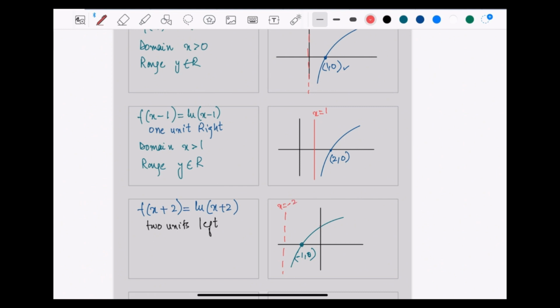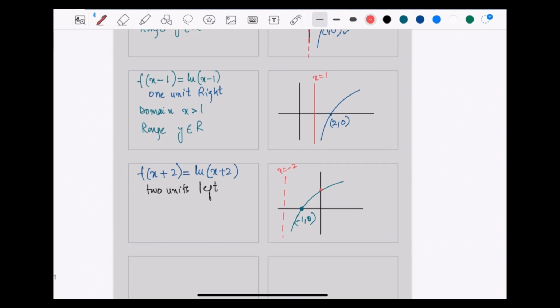And this function will have a y-intercept as well. If you want to find that y-intercept, you can simply replace x with 0, and you will see that it is going to be (0, ln 2).